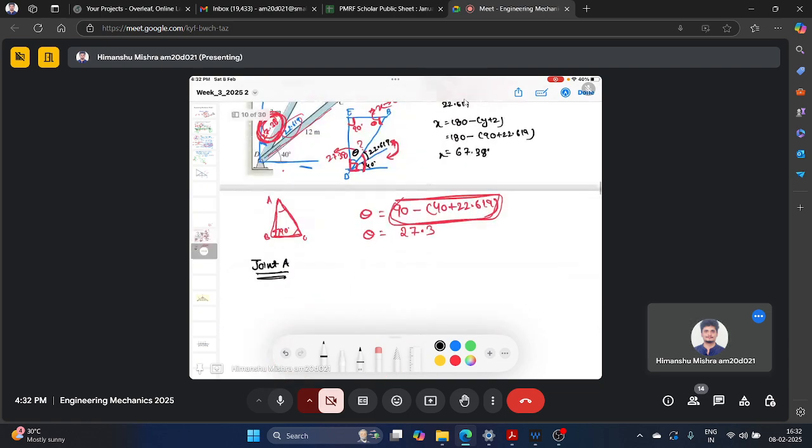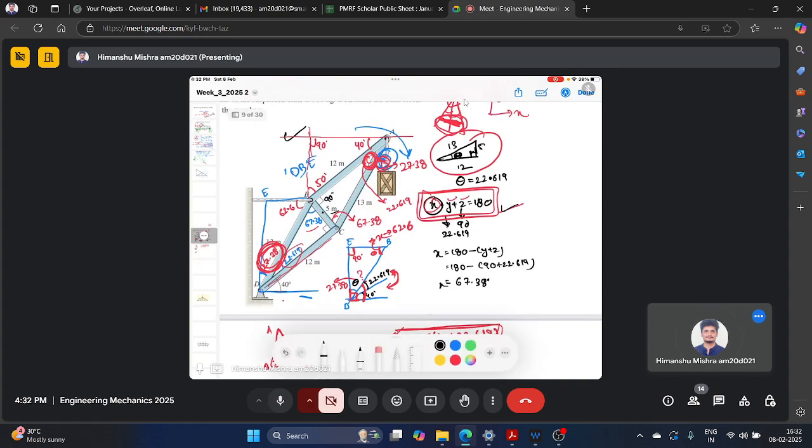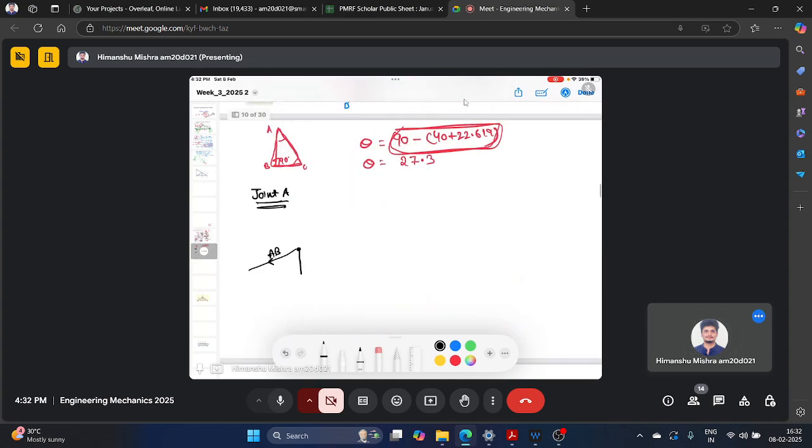So this is my joint A. Let's say this is my force AB. There is a vertical force due to the weight of this box, and the mass is 900 kg, so the weight will be 900 multiplied by 9.81. So this will be 900 multiplied by 9.81, whole is in Newtons.